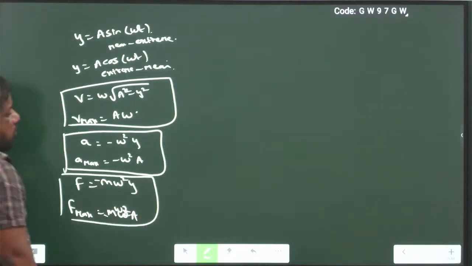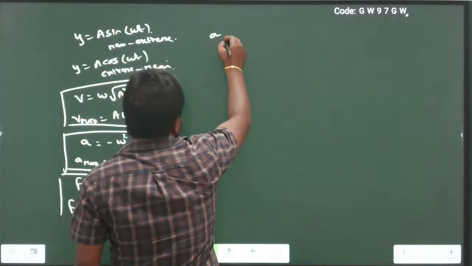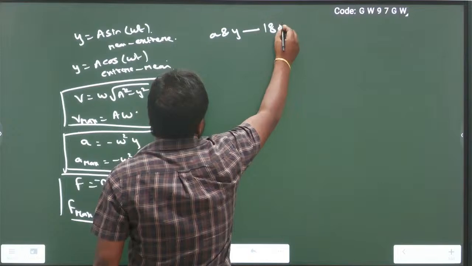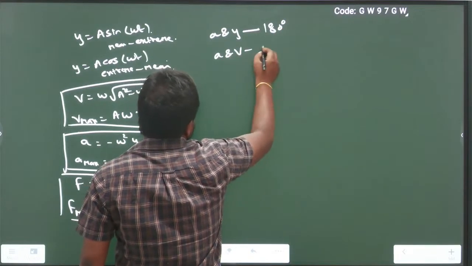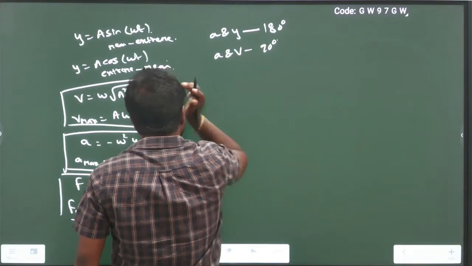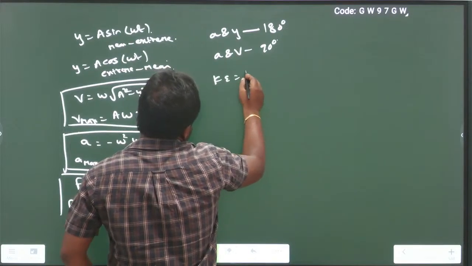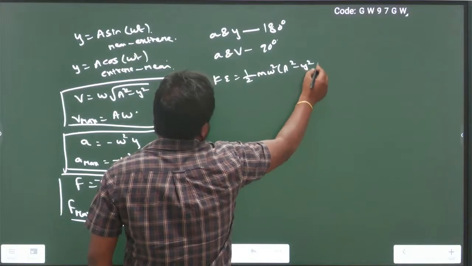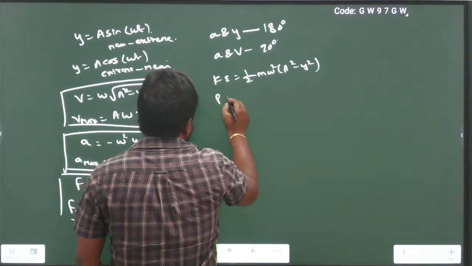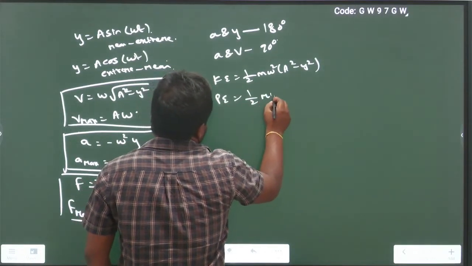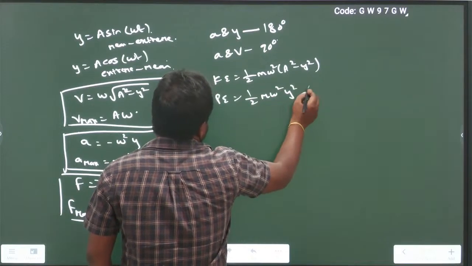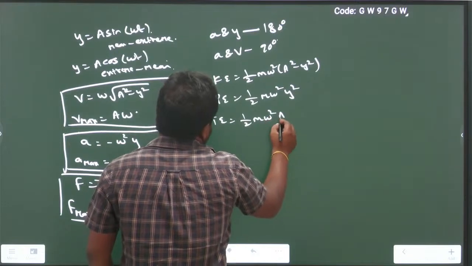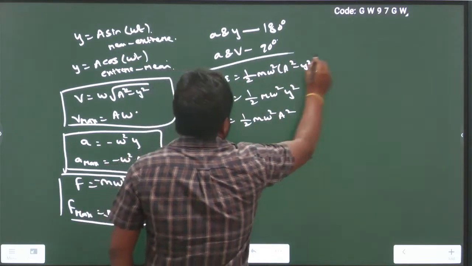As I told you now, acceleration and displacement will always have a phase difference of how much? 180 degree. And acceleration and velocity will be how much? 90 degree. Similarly, kinetic energy formula is half m omega square into a square minus y square, potential energy formula is half m omega square y square, and total energy formula is half m omega square a square.